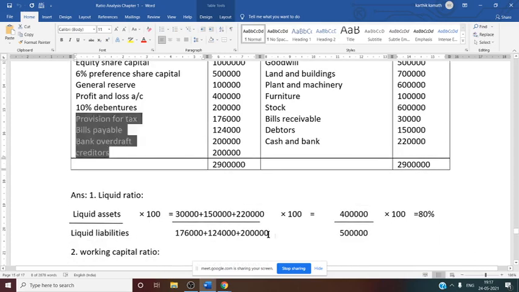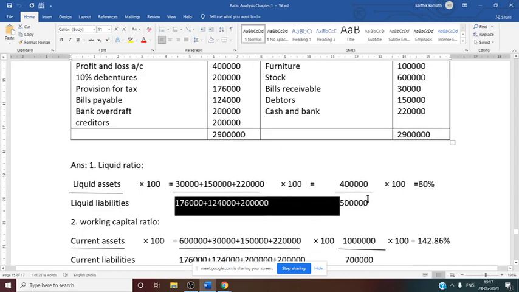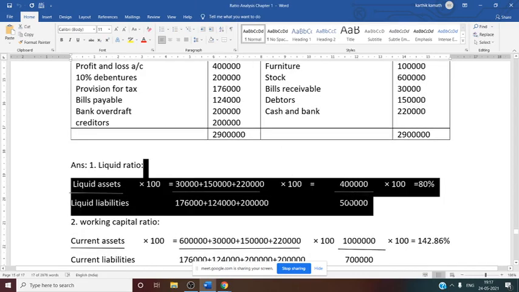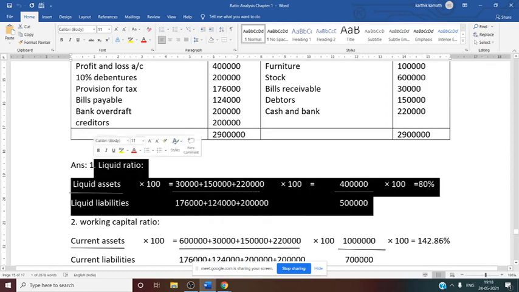See this, we have written that amount in the denominator. So the answer for liquid ratio is 4 lakh divided by 5 lakh into 100, that is nothing but 80%. 0.8 is to 1 is the liquid ratio answer in terms of ratio.